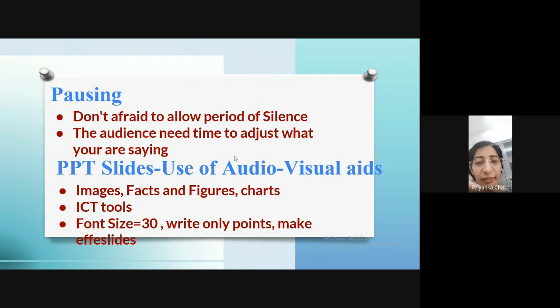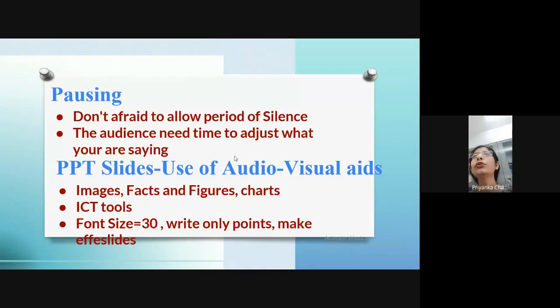Another thing is, when you present yourself, you should take care of your PPT slides: what tools you have to include, how you make your presentation more beautiful and attractive, use of audio and visual aids as much as required. You should include images, facts and figures, charts, different types of ICT tools.